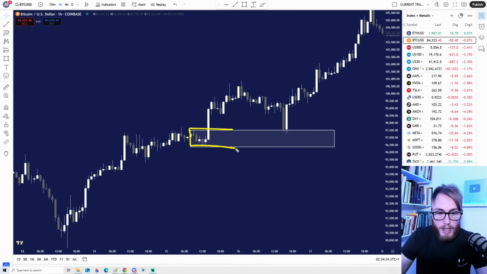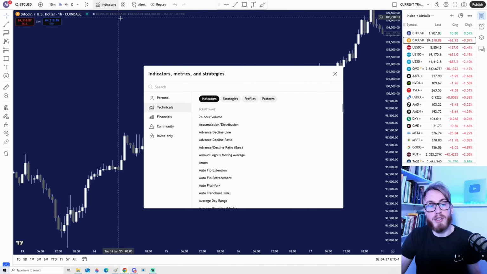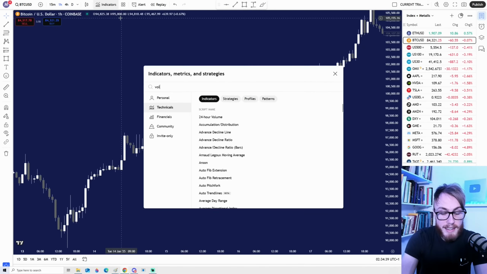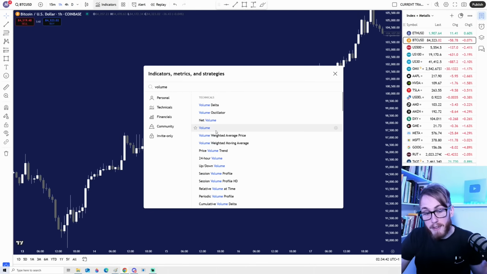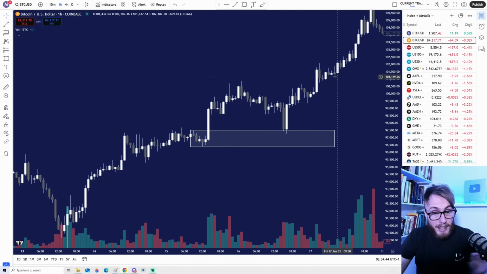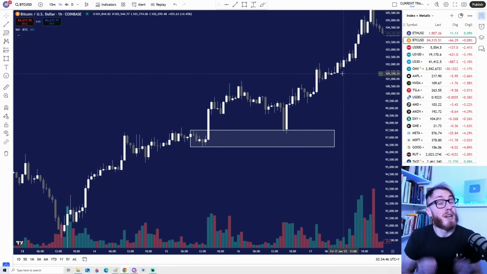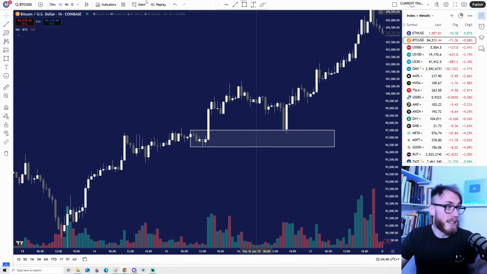So after you have drawn out your order block and after you have identified this momentum candle, the next thing you do want to do, remember from earlier in the course, is that we need to look at the volume, because if smart money is really stepping in at this level, we should see a spike in volume. So let's actually analyze the volume right here.